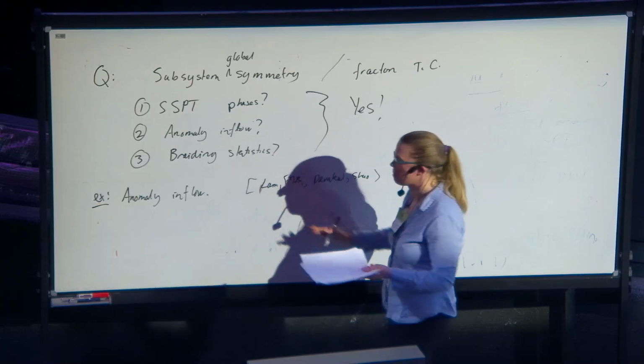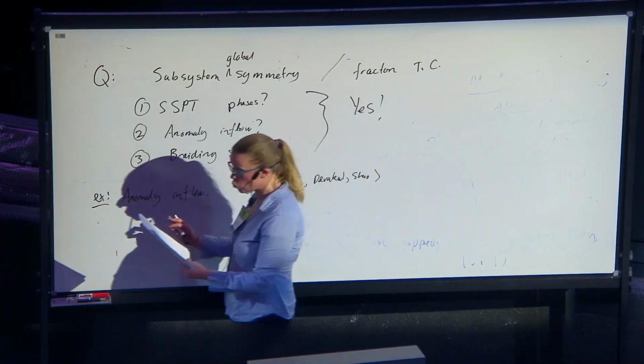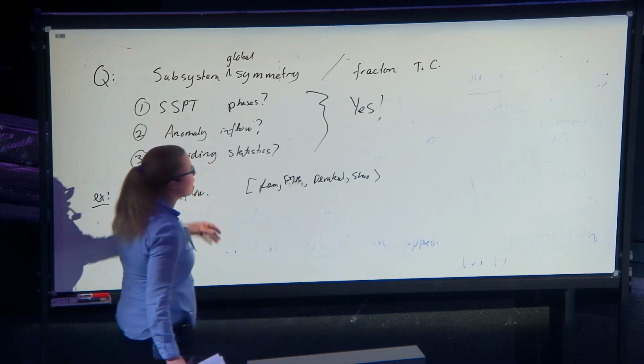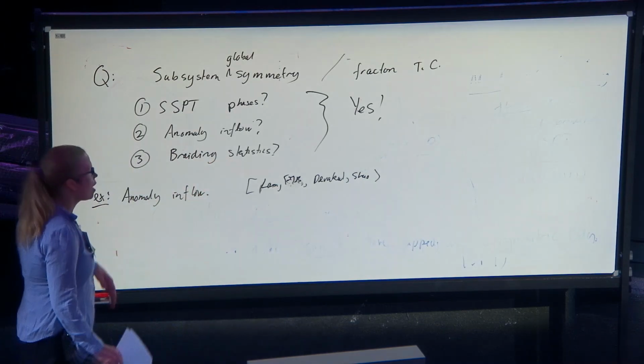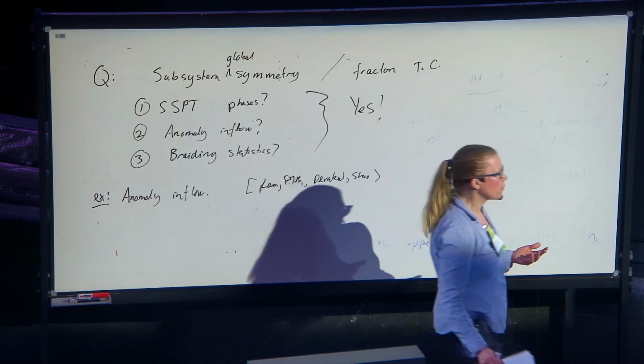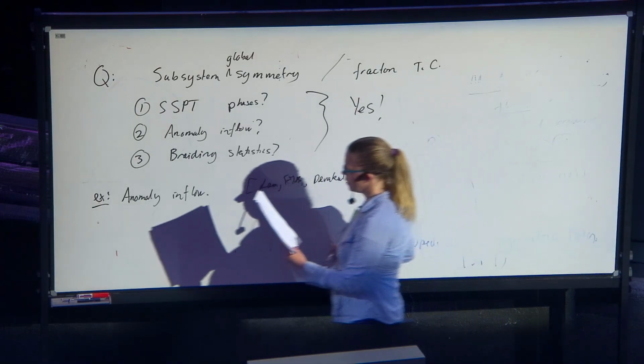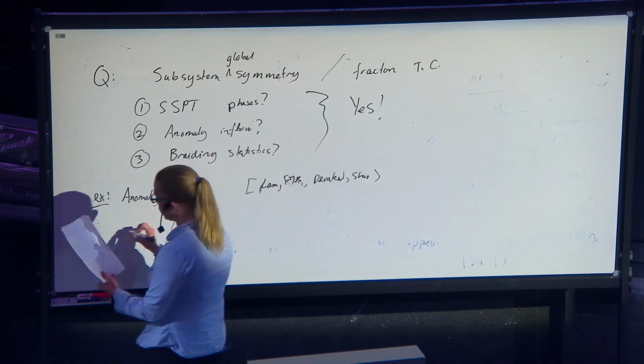Anyway, in this paper we give a lot of examples. I'm just going to give you one to show you that the anomaly inflow that we get, for example, in the BF theory of our line-on-planar model really works very much the same way as it does in this Chern-Simons theory. So let me just do this example.